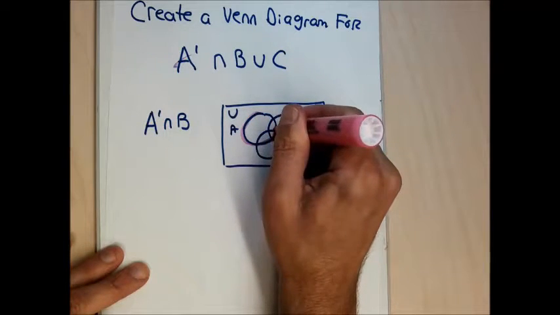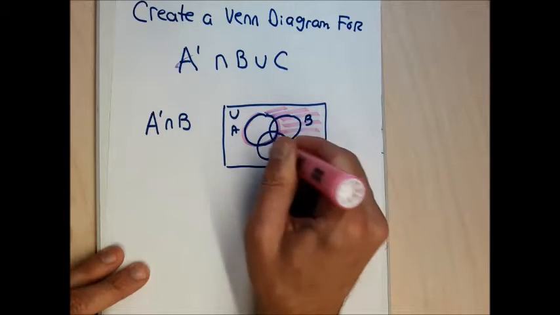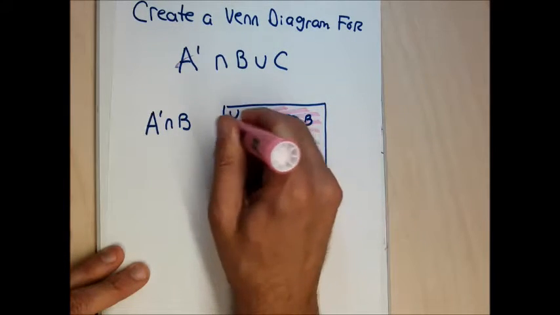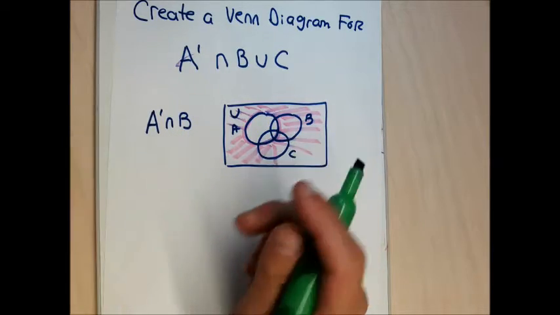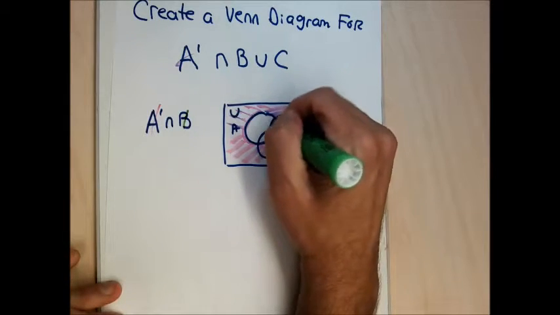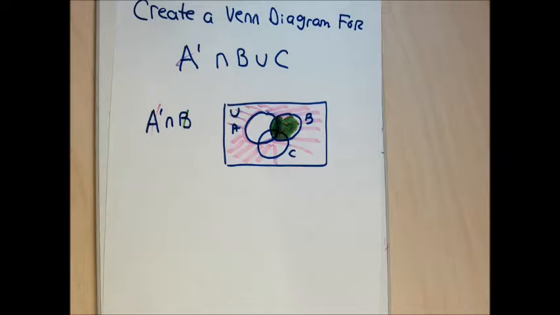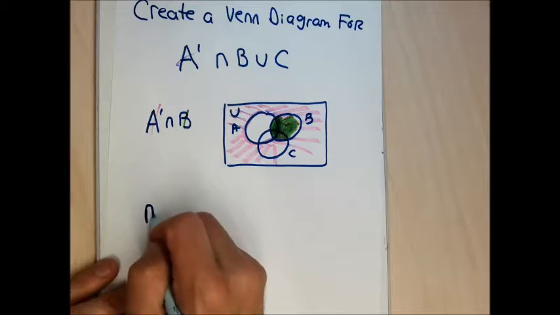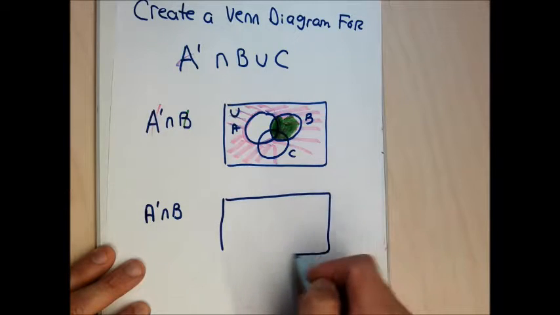A complement is everything outside the A circle. Since I'm intersecting, I need to do these in a different color. So I did my A complement in pink. I'm going to do my B in green. And then A complement intersection B is going to be any region that has both the pink and the green shading. And hopefully that shows up okay.